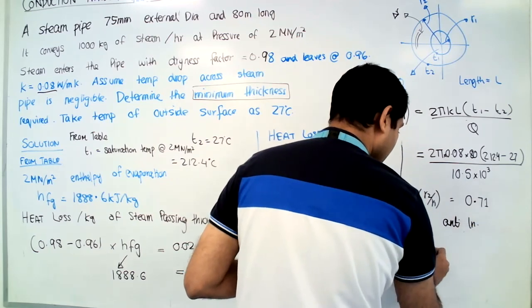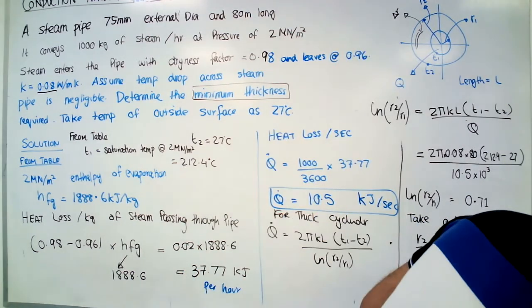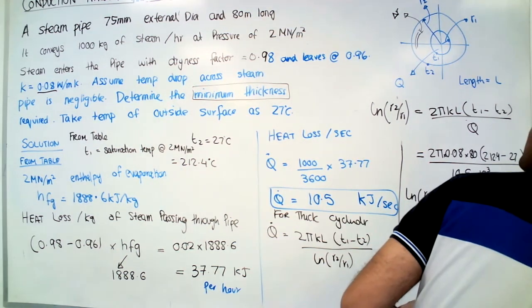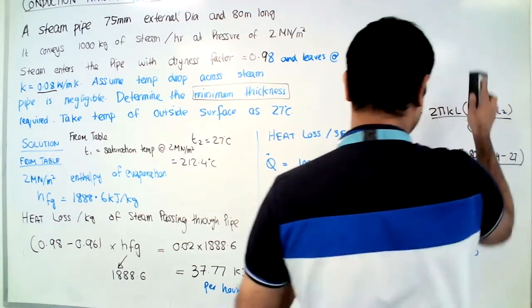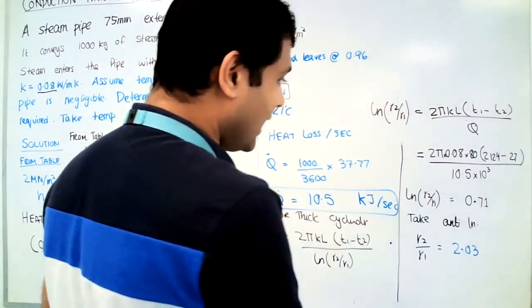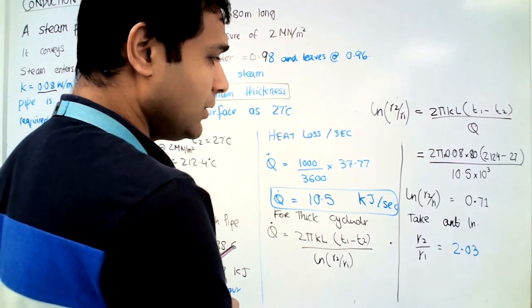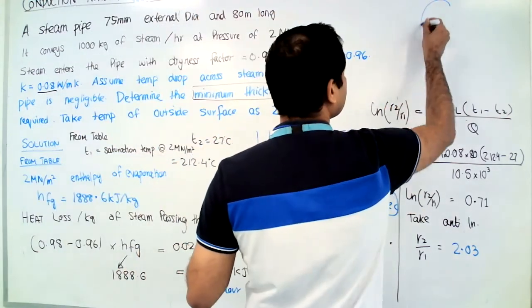So here you got R2 over R1, and when you take that, I will show you how to do it. Okay, so we got the R2 divided by the R1 is 2.03.